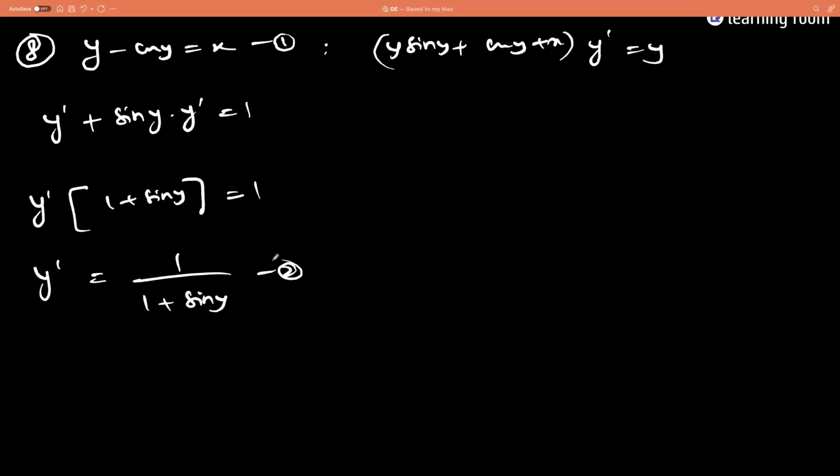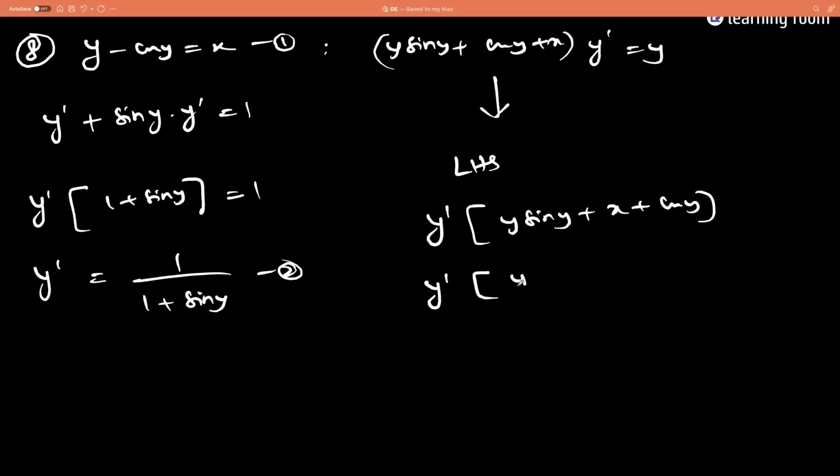Am I right? So if I take the LHS, y dash into y sin y plus x plus cos y. So y dash into y sin y plus, what is x plus cos y? Look at the first equation. What is x plus cos y? y. So what can I take out common?